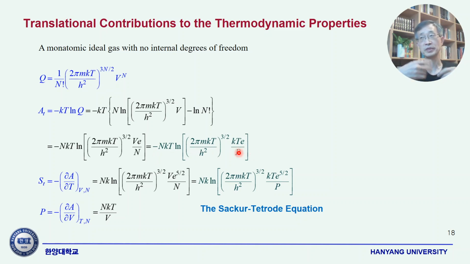We will repeat this several times at least today. And entropy comes from the same relationship, the fundamental equation, which is dA equals minus S dT minus P dV. So the derivative of A with respect to T, with a minus sign, gives us the entropy, and the derivative of A with respect to V, with a minus sign, gives us the pressure, and that is done.